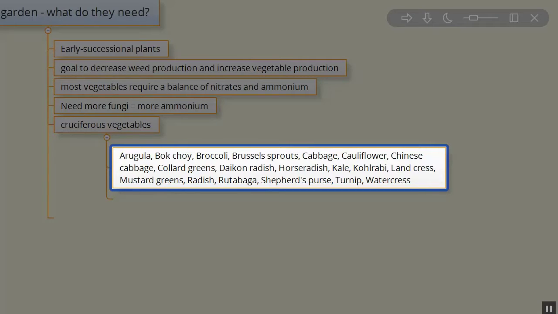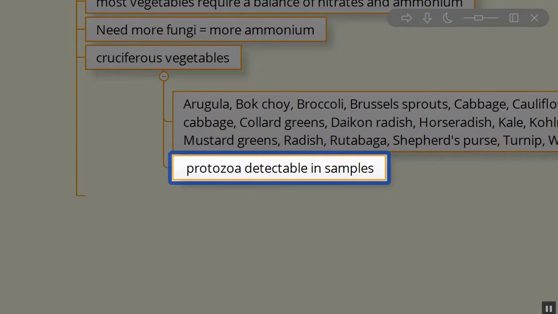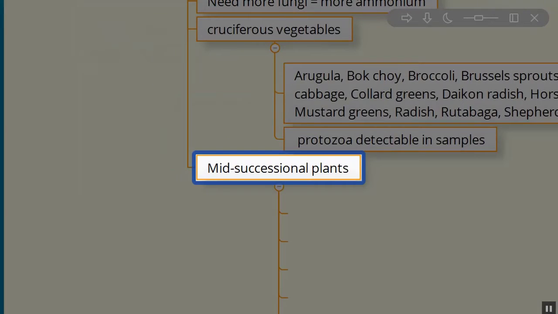So we need more nitrates to feed these plants. They prefer higher levels of nitrates than ammonium, but they still need the ammonium being present. There's also protozoa detectable in these samples. So we're going to see high levels of bacteria, some fungi, and some detectable levels of protozoa there as well.